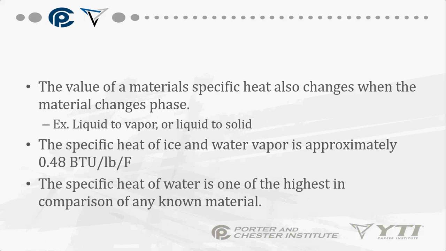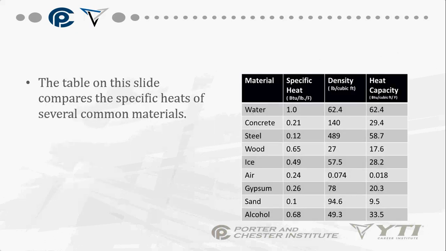All right. So the value of a material's specific heat also changes when the material changes phase, like liquid to a vapor or from a liquid back to a solid. The specific heat of ice and water vapor is approximately 0.48 BTUs per pound per degree, and the specific heat of water is one of the highest of any known material.